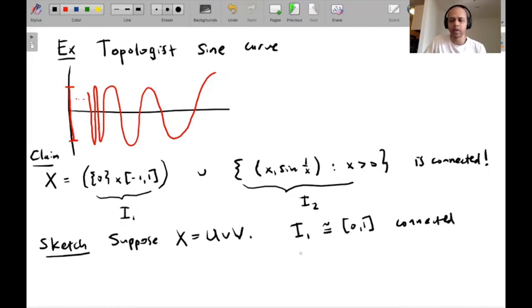And so this means that I1 is either entirely contained in U or entirely contained in V. Because the intersections of U and V with I1 give you open subsets of I1, and I1 is connected, so you can't disconnect it. Sorry, this was supposed to be an I1 here.